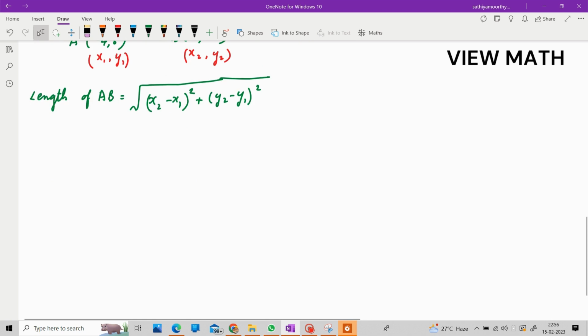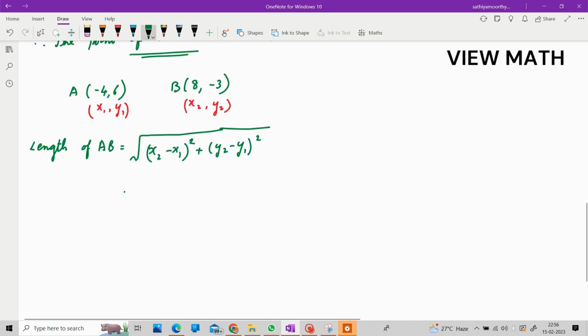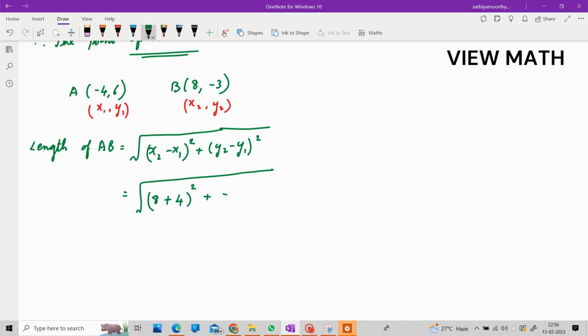This is equal to the square root of x2 is 8 minus x1 is minus 4. Already I have a negative sign here, so minus into minus becomes plus 4, the whole square, plus y2 is minus 3 minus y1 is 6, the whole square.